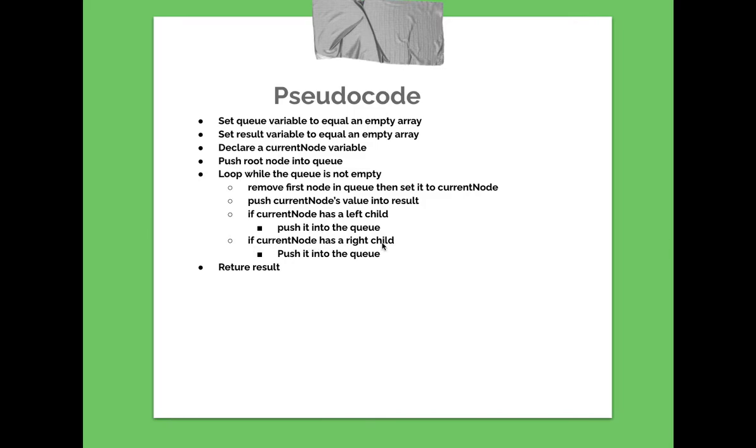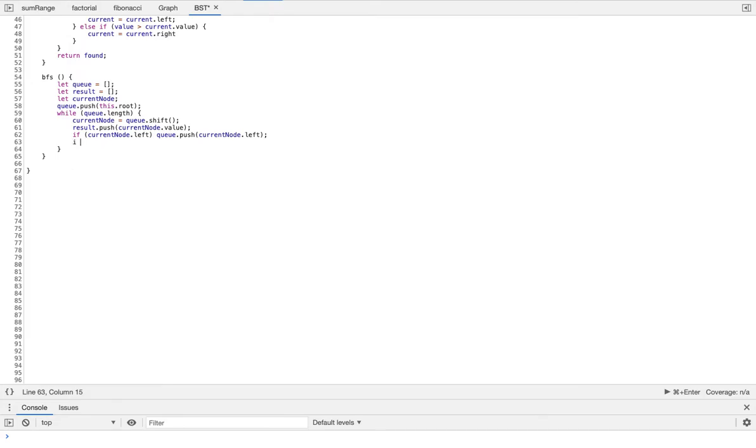If current node has a right child, then push it into the queue. So if current node has a right child, then push it into the queue.